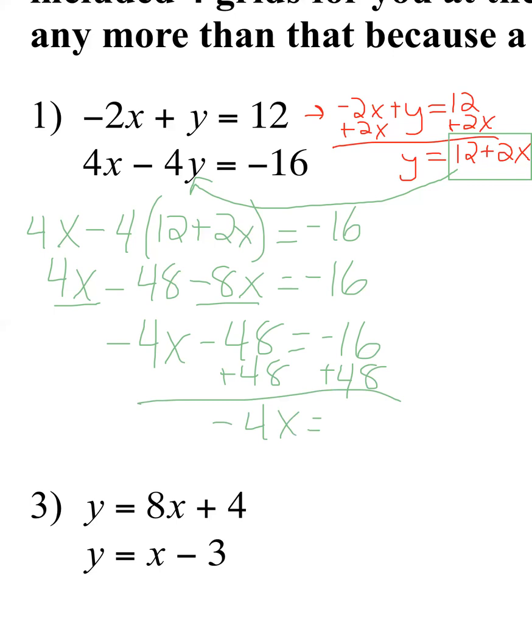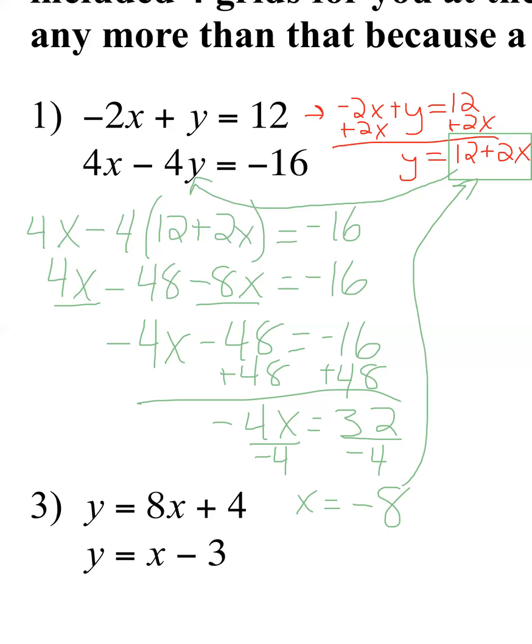So that's going to get me a positive 32. Divide both sides by a negative 4, and x is going to end up being negative 8.